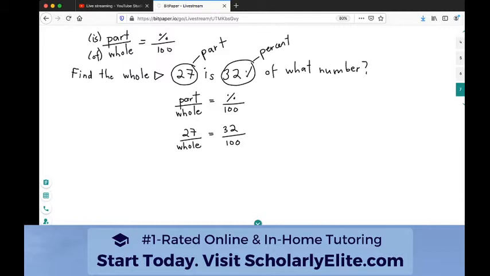So now all I have to do is rearrange. I'm going to change the word whole to be x so that we can solve this algebraically. And I'm going to get my percent amount here. So I'm going to get 27 over x equals 0.32, which is our decimal. Sorry, I meant to say decimal. Then I'm going to solve this algebraically. So I have to multiply this up.